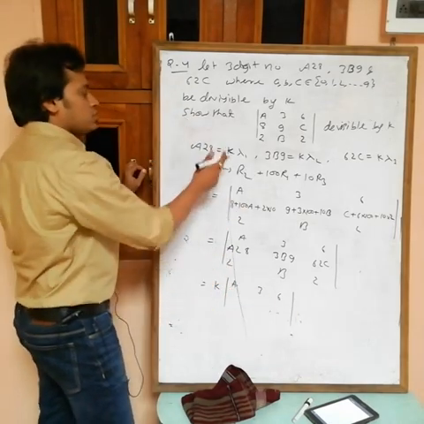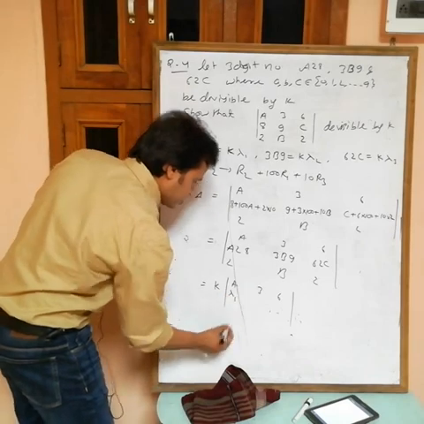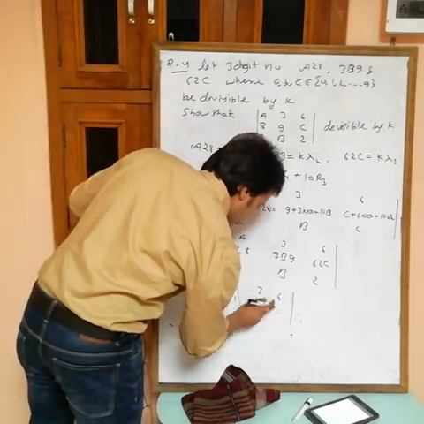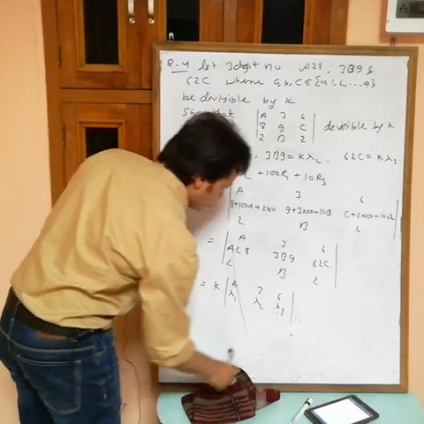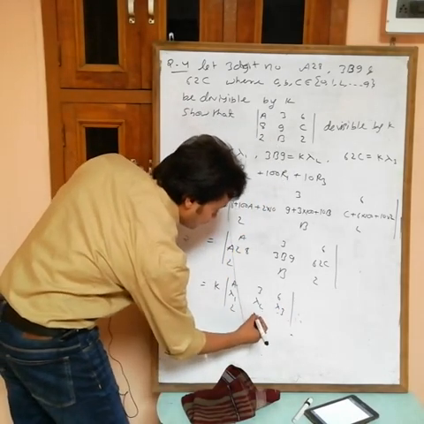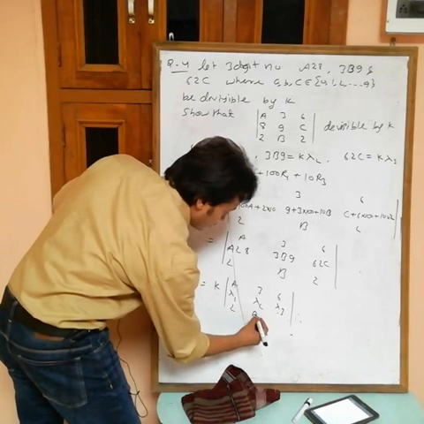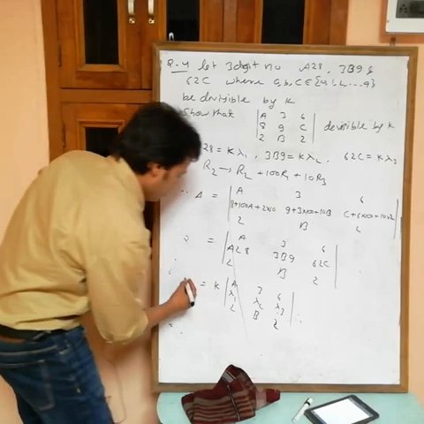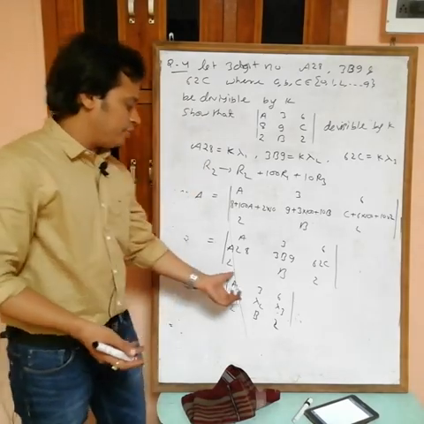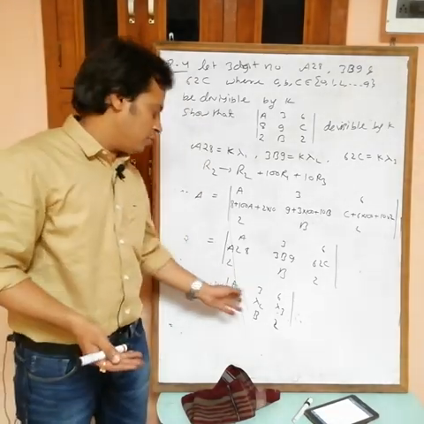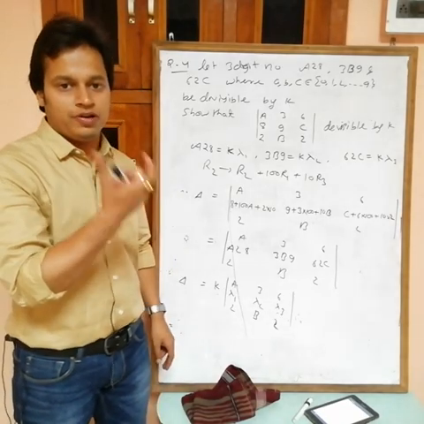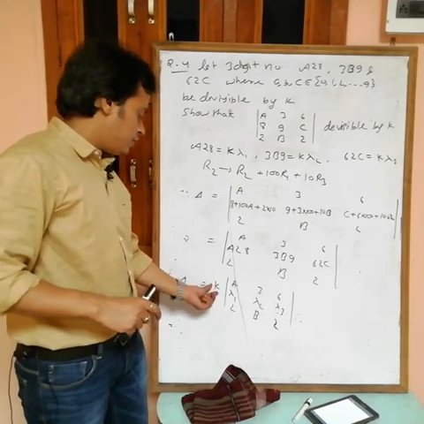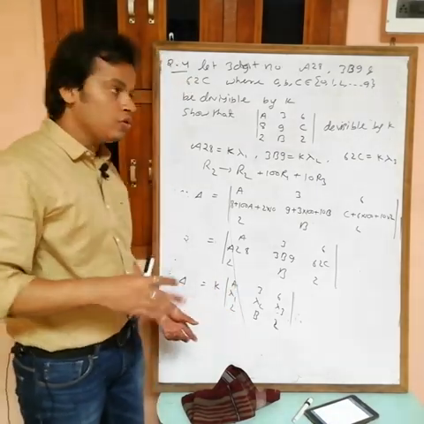A36. a 2 8 is k lambda 1, so lambda 1 remains. 3b9 is k lambda 2, so lambda 2 remains, and lambda 3 remains. And 2b2. Now the value of the determinant is a multiple of k, because the value of this one you will get as an integer. Obviously all elements are integers, so the value of the determinant is an integer. So the value of del is a multiple of k, k into something.